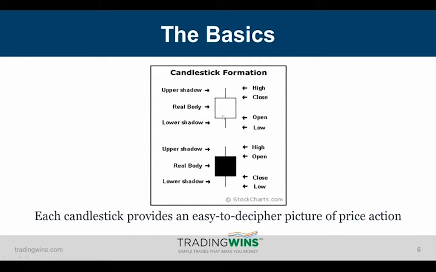So what this really means is we opened up at this level, we came down as low as this point, we traded as high as this point, and then we settled in here at this level at the close. So since the close is higher than the open, that's why the bar would be white or green. It's bullish. In other words, we advanced.